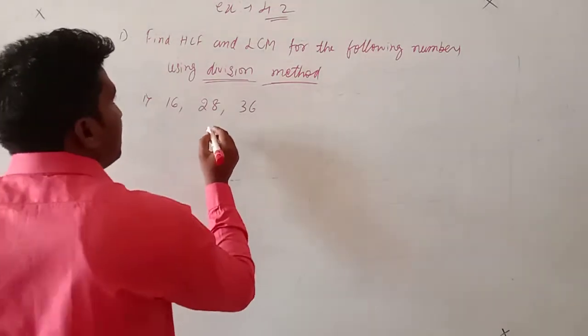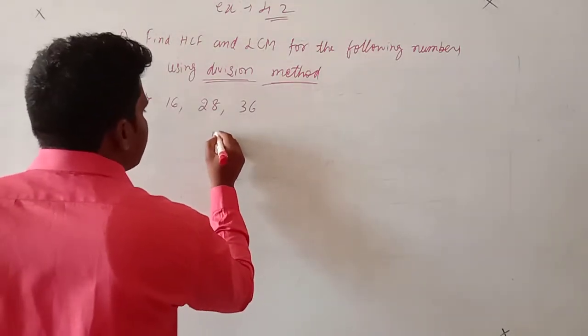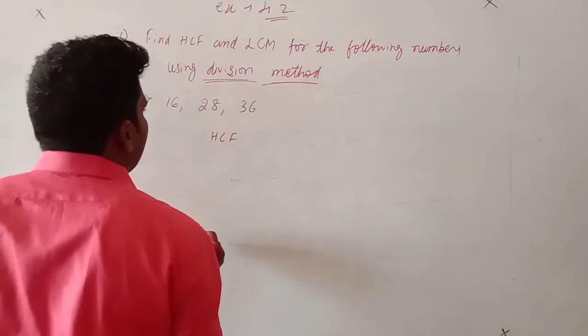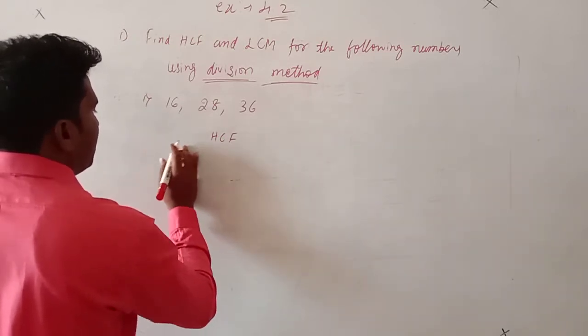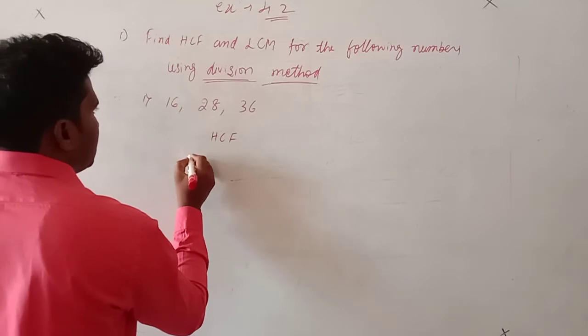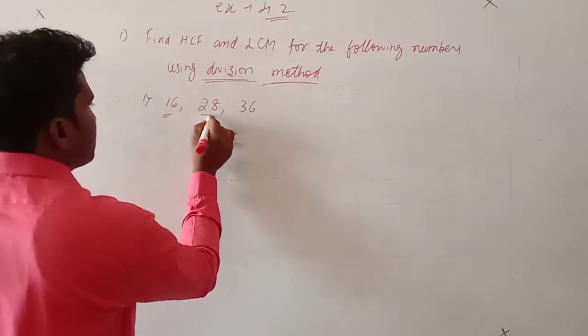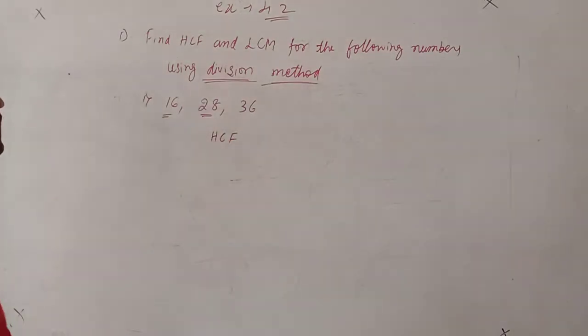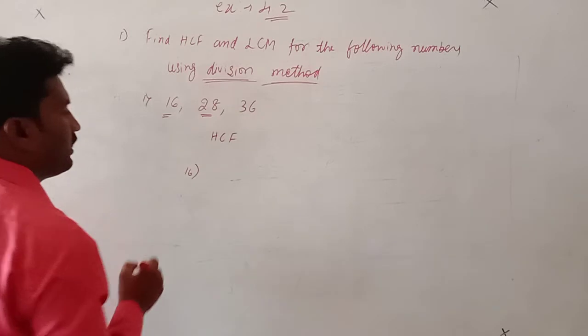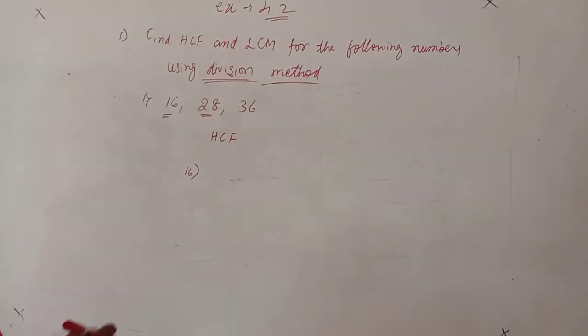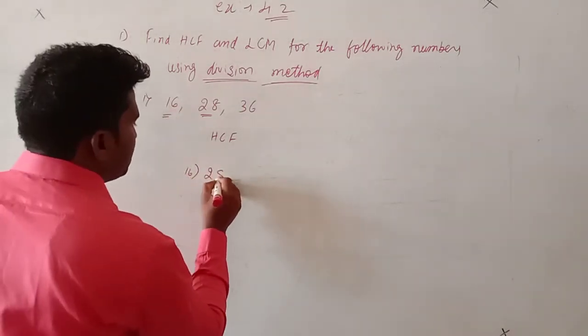So what I am finding here is HCF. First, taking 16 and 28, taking 16 as the divisor and 28 as the dividend.